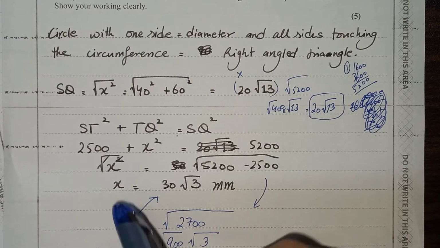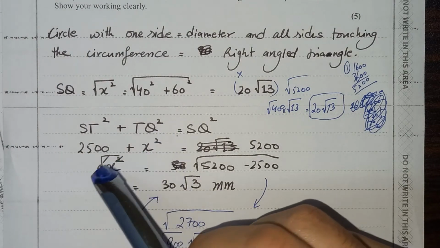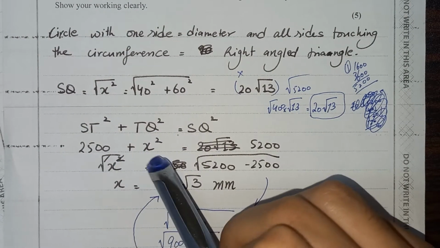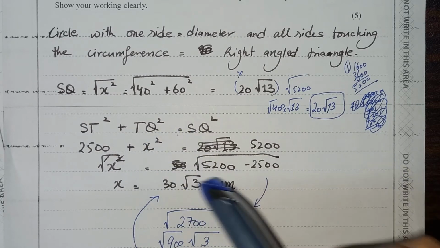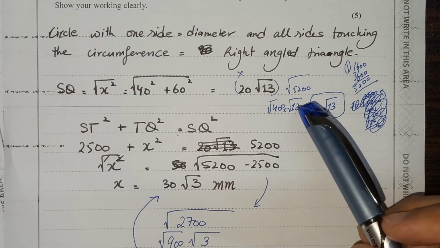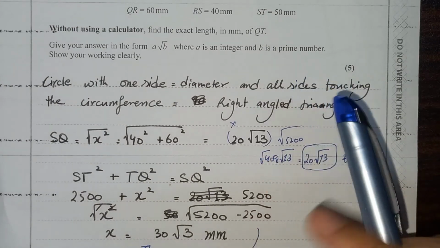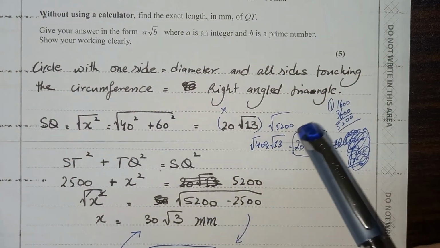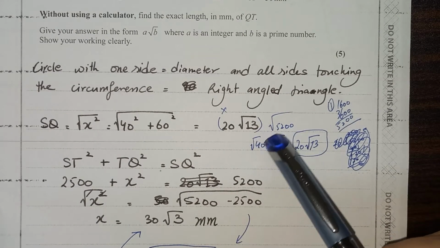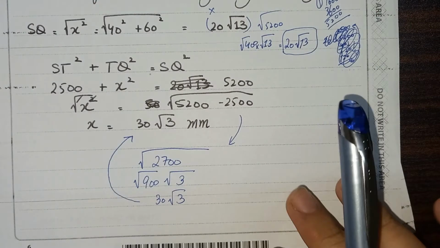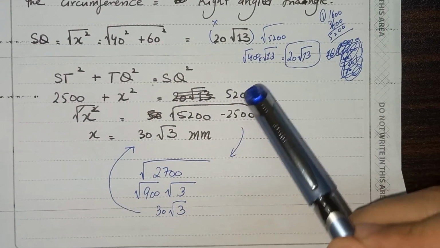So 50 millimeters was ST, so squaring it will give us 2500, plus TQ squared, which we don't know, so we'll just put it as X, and SQ we did know was over here. You can see this value was the square root of 5200, which we simplified to get this. So squaring it will simply remove the root sign, so we'll just put it over here.